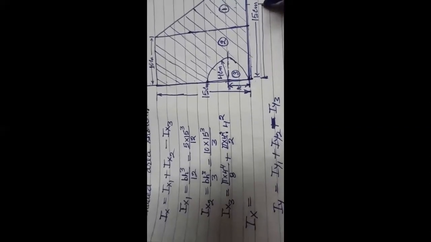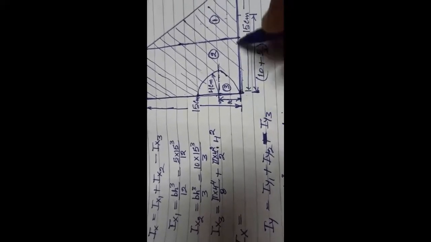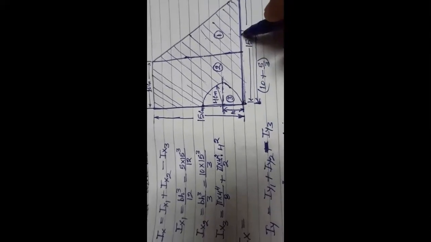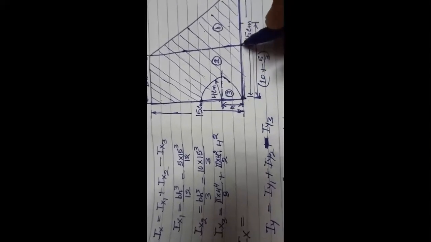So this will be equal to 10 plus 5 by 3. From here to here it is 10 and the remaining is 5 by 3 because this is 5.